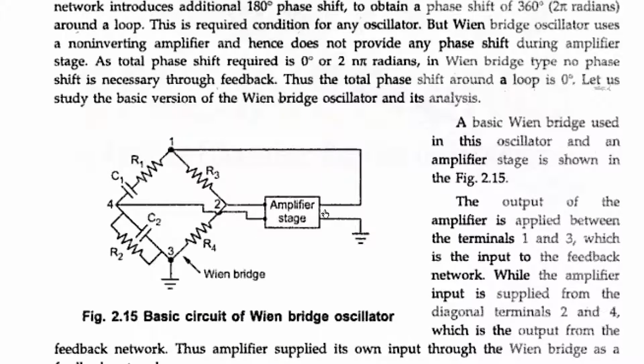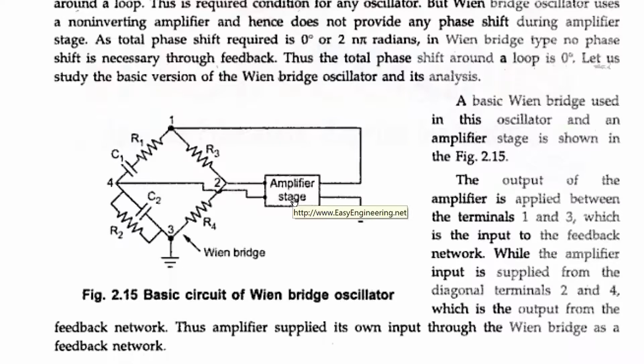Here we have two stages, don't forget, two stages of amplifier compulsory for Wien bridge. So remember, inside this there are two stages of transistor amplifiers which I have just shown. Here you have this amplifier. Please note that the output of the amplifier acts as input to the feedback network. In any oscillator, this is the condition, right?